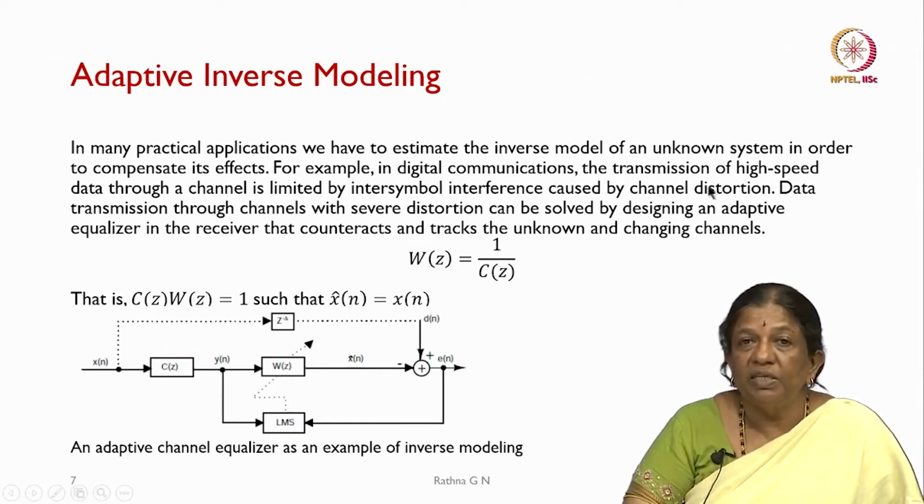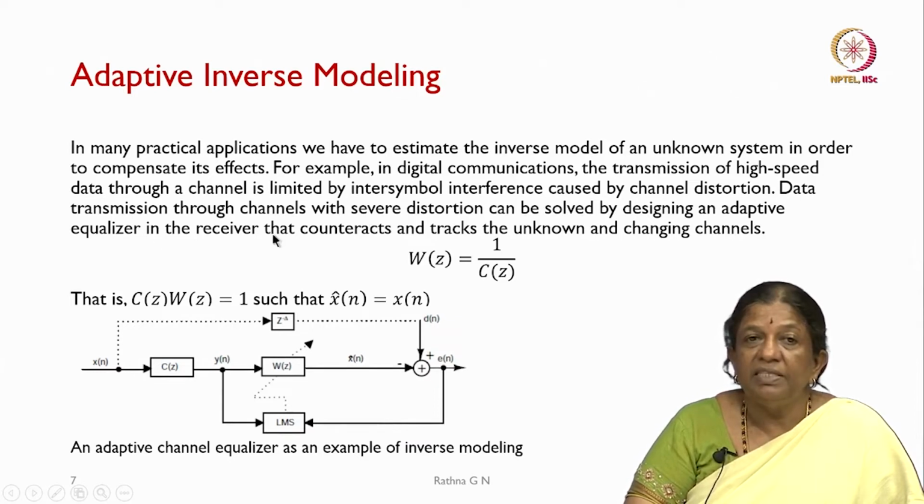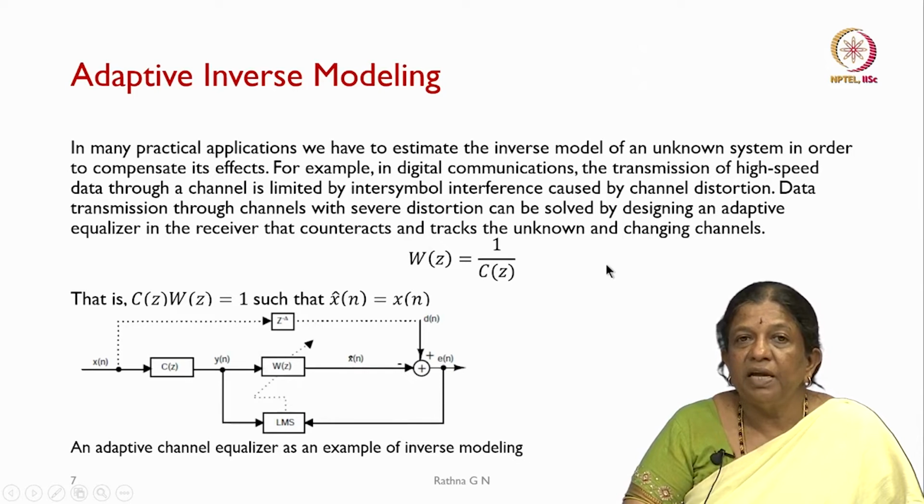That is the distortion it is going to cause, and data transmission through channels with severe distortion can be solved by designing an adaptive equalizer in the receiver that tracks the unknown and changing channels. How are we going to design this?